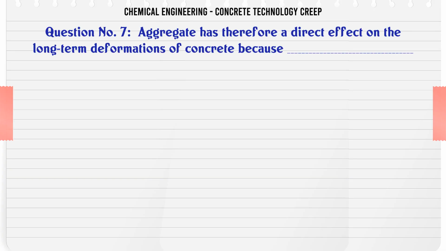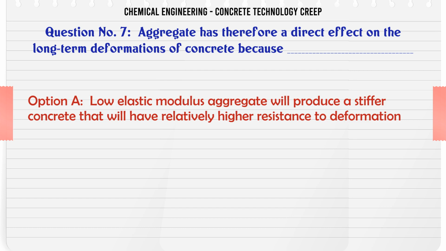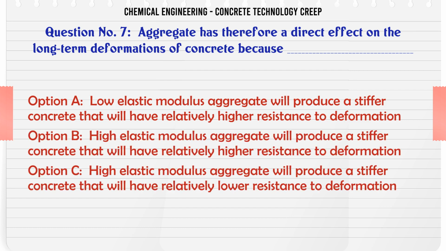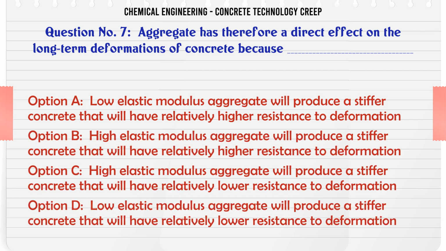Aggregate has therefore a direct effect on the long-term deformations of concrete because: A. Low elastic modulus aggregate will produce a stiffer concrete that will have relatively higher resistance to deformation. B. High elastic modulus aggregate will produce a stiffer concrete that will have relatively higher resistance to deformation.